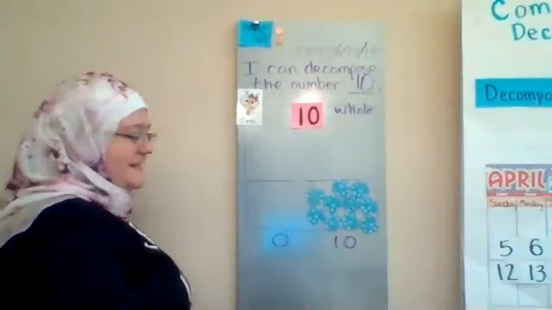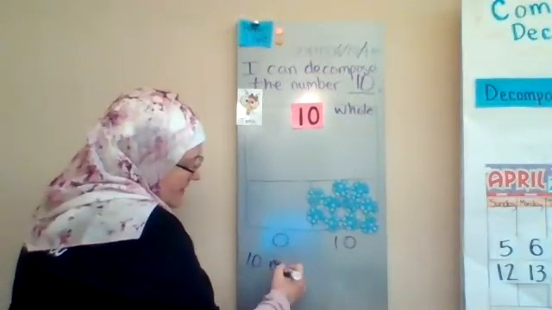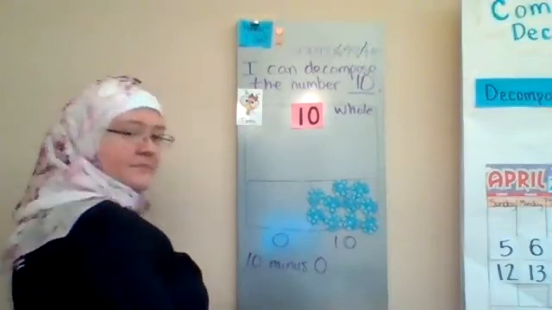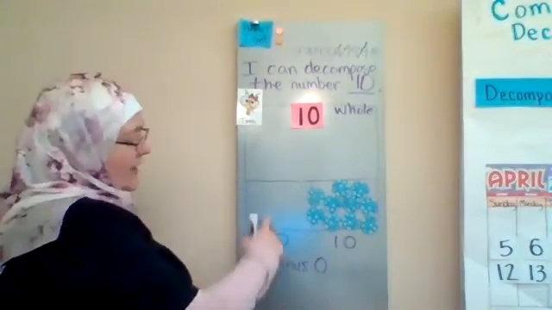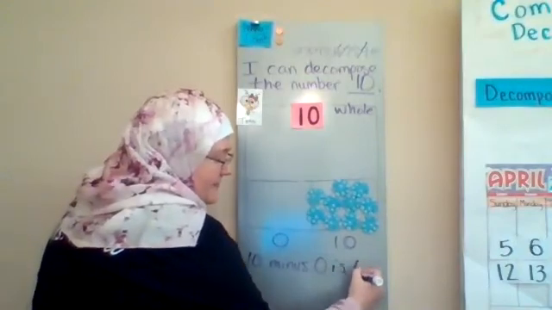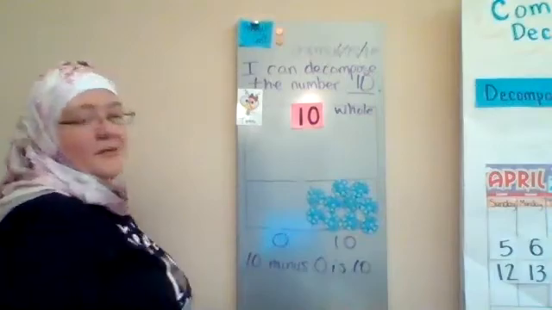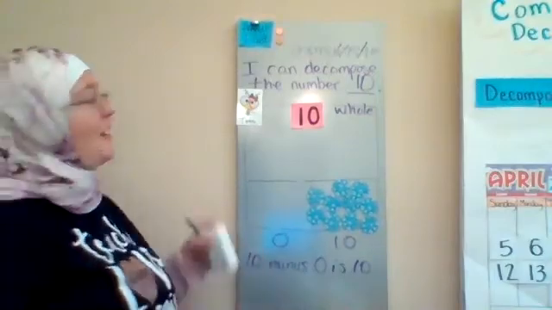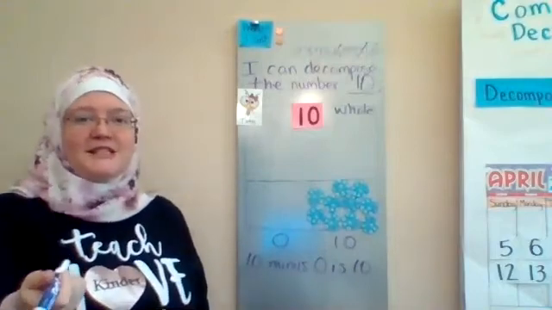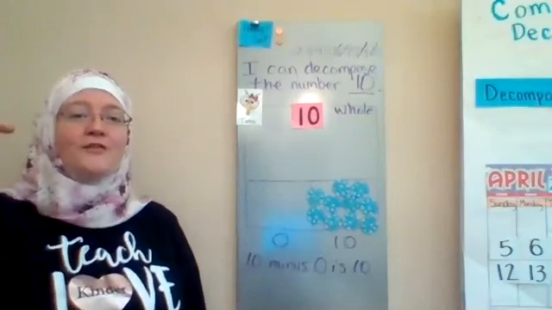We almost missed it. 10 minus 0, because we're not going to take any away in our first part, is still 10. Very good. You went through all of the numbers. I can't wait for your teacher to see that you know how to decompose the number 10 in all of the different ways.